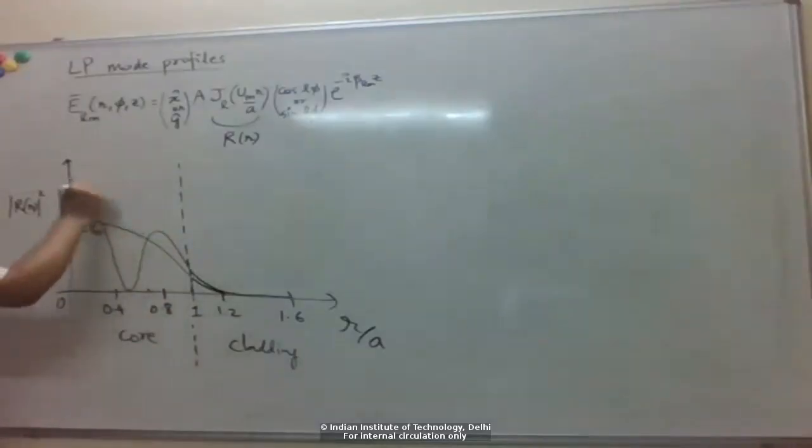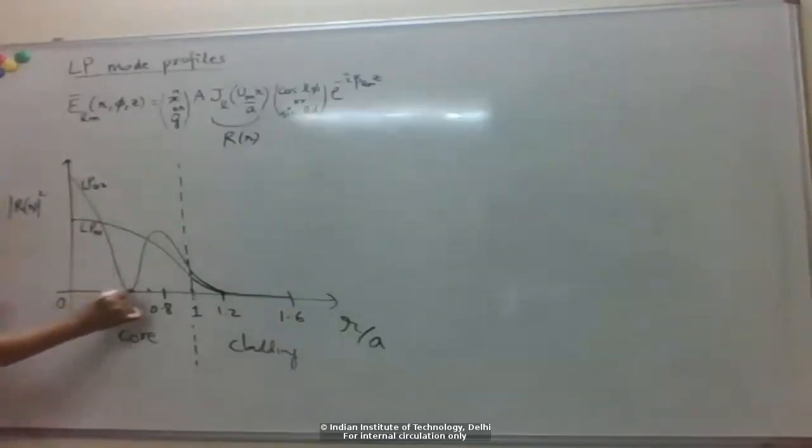So this is LP02, and there's a 0 here. There's a point inside the core where the field goes to 0.